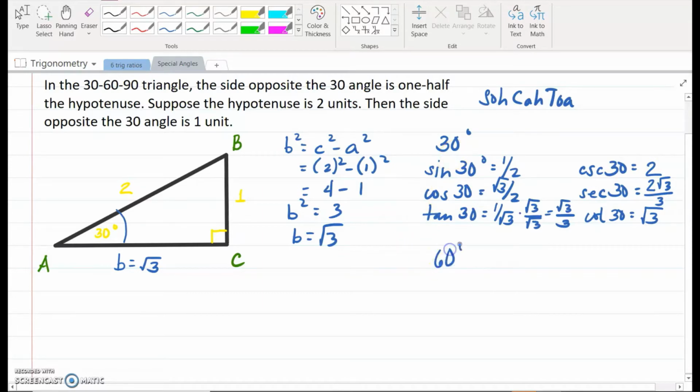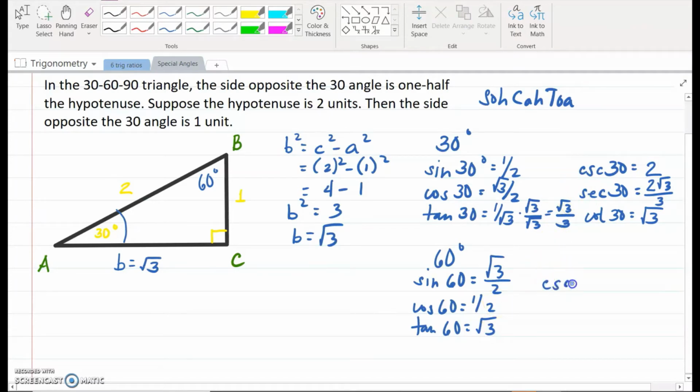Next, let's have 60. So this angle is your 60-degree angle. So this will be the adjacent side, this will be the opposite, and that will be the hypotenuse. So let's start with sine 60. So that becomes square root of 3/2. Next, cosine 60. So that is 1/2. And then tangent 60 will be square root of 3/1, or square root of 3.